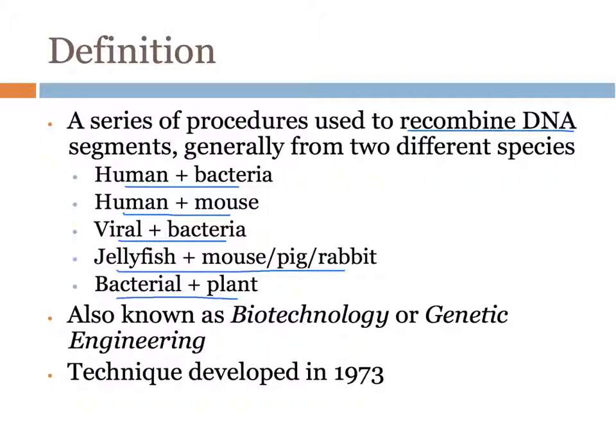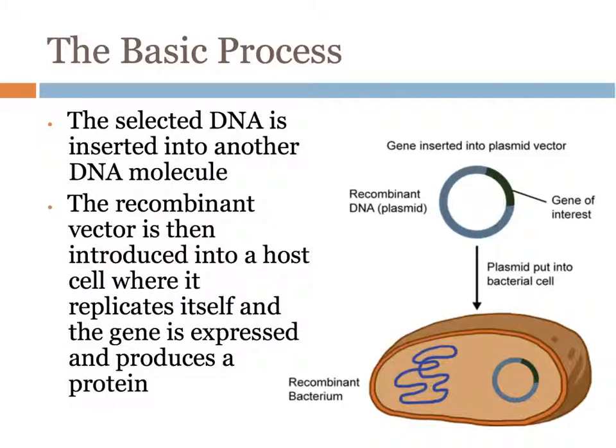DNA technology also is known as biotechnology or genetic engineering, and it started in the 70s and has really become a very important part of our world. It has influence all over the place. The basic process is that the DNA that we're worried about or chosen for whatever reason, the selected DNA, is inserted into another DNA molecule, and it's often into one of these circular bits of DNA called plasmids.